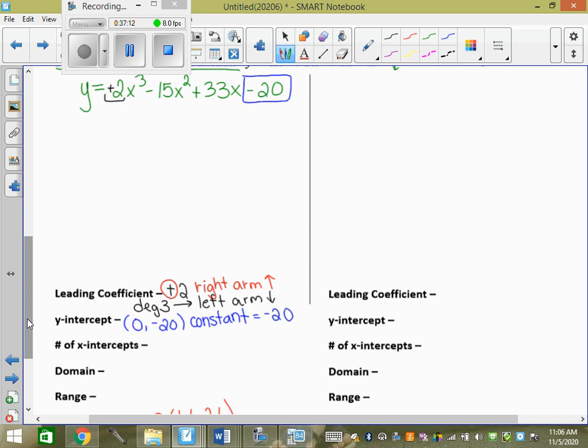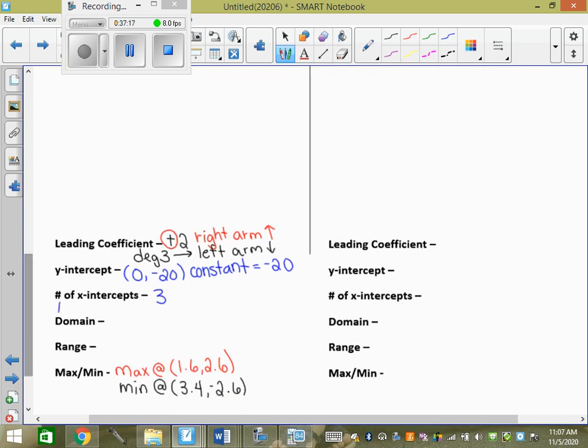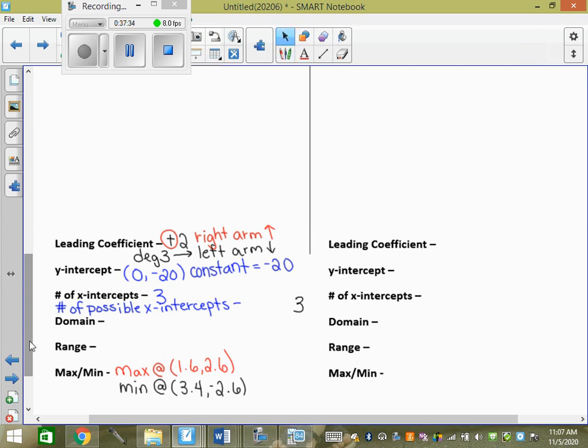This one has 3, but degree 3 functions, how many x-intercepts could it possibly have? Well, we know it would max out at 3 because it's a degree 3, right? Maximum number of x-intercepts is equal to the degree.